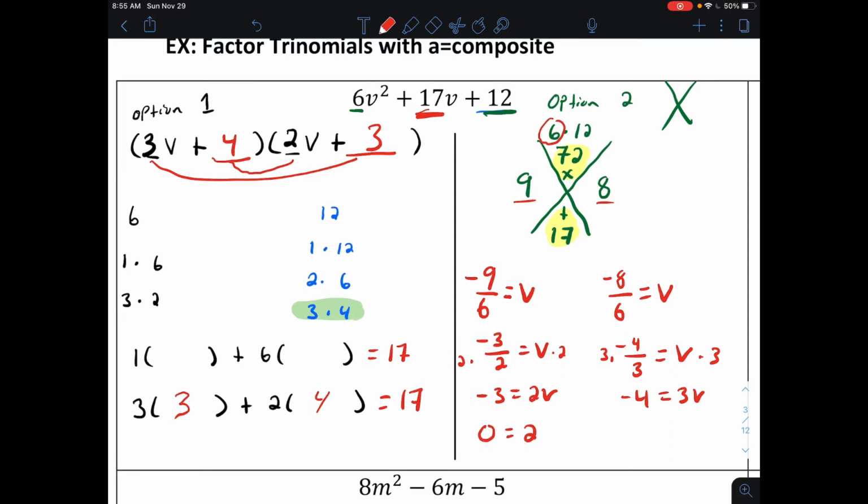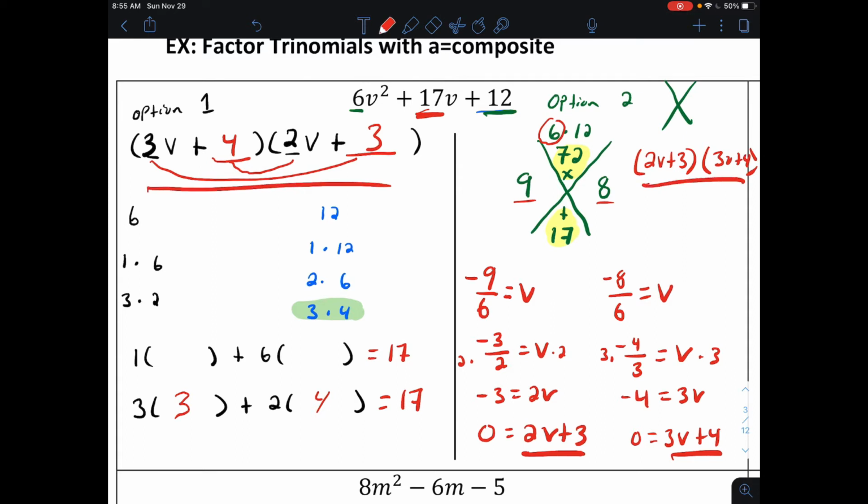So I got 0 is equal to 2v plus 3, and 0 is equal to 3v plus 4. Now, those two expressions on the right-hand side are our factors. And so our factored form would be 2v plus 3 times 3v plus 4. And you'll notice that that's the same thing that we got over here by just guessing and checking.